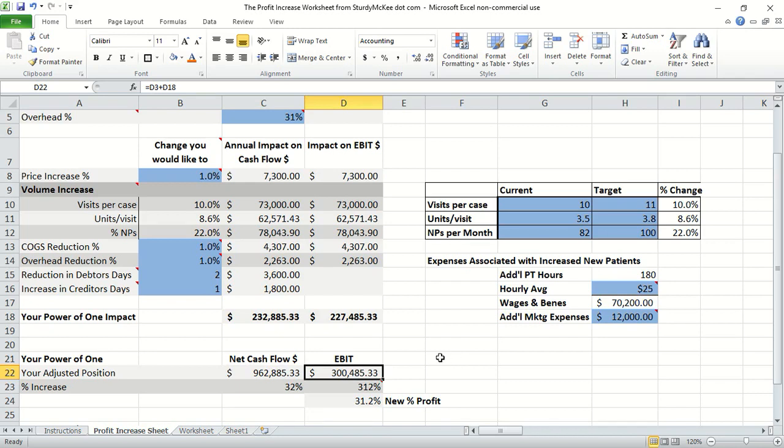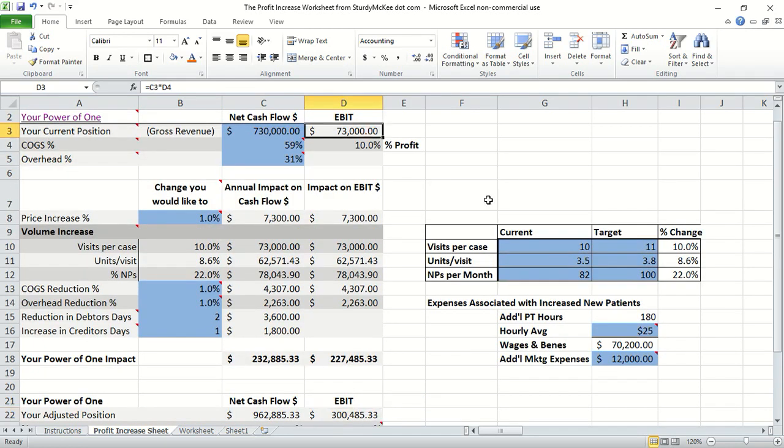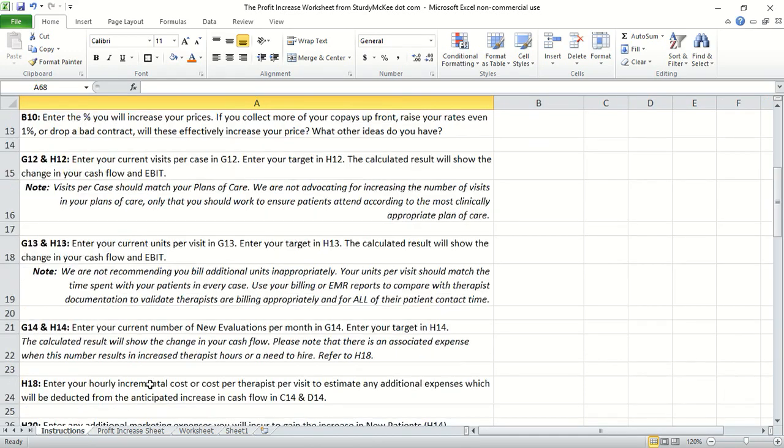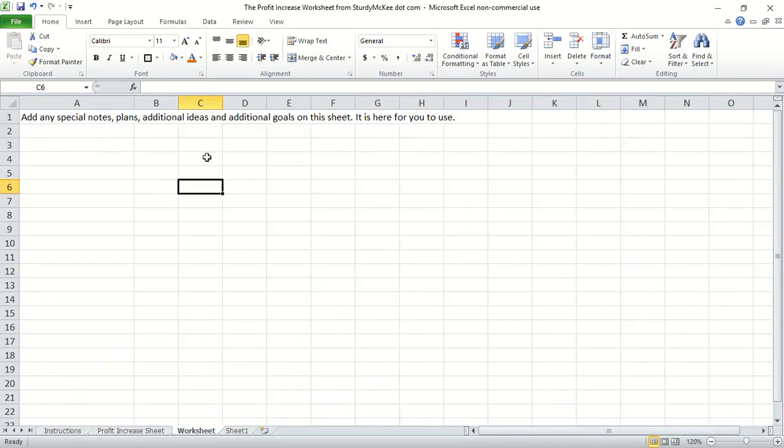So we can change our business from $730,000 gross to $962,000 with a $300,000 profit potential. Might be a little bit of a stretch. There might be more expenses associated that bring this total gain down, but that's a whole lot of increase over the 73 we were realizing before.